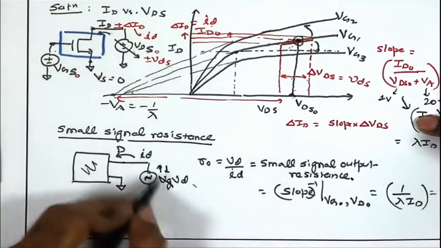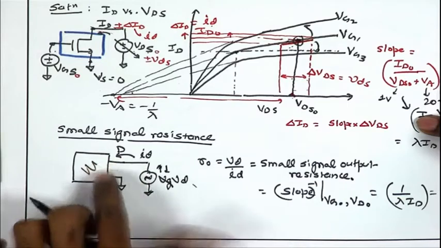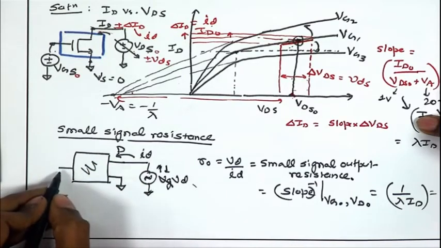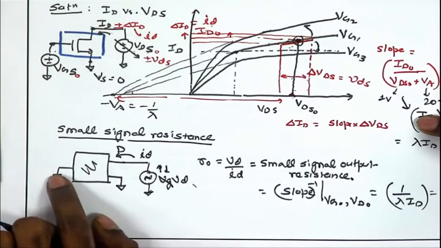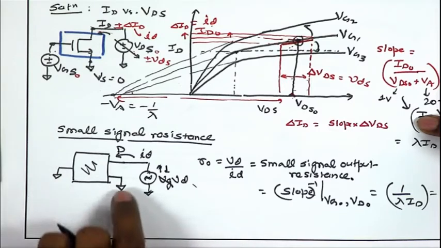In order to define RO, we looked at the MOSFET from the drain side. The gate is a constant DC, so from the AC point of view a constant DC source is grounded. There is no small signal in the ideal DC source. The source is at a reference point that is also connected to DC ground.